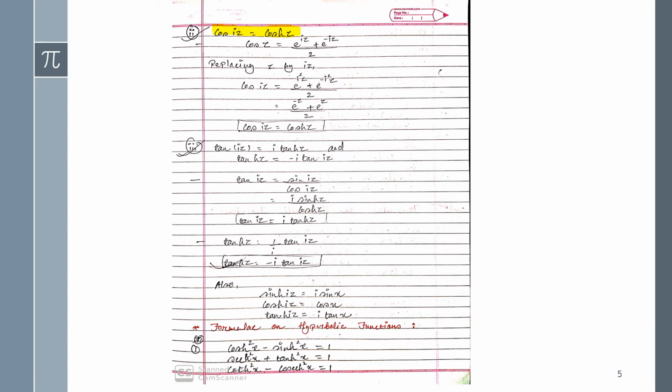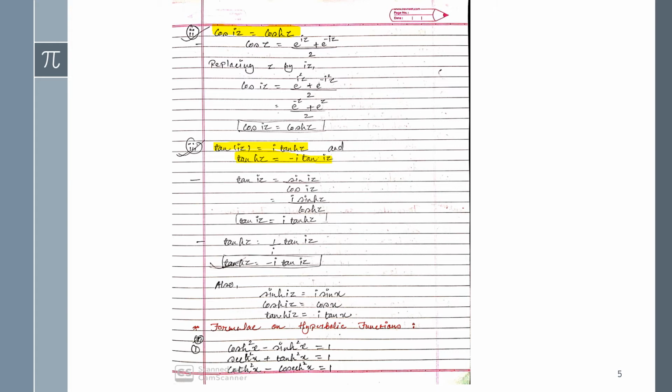Now then tan of iz, the circular function for tan, will be i into tan hz. Again guys important, and the next one is tan hz equals minus i into tan iz. So from circular we will convert into hyperbolic, and by using hyperbolic functions we will convert into the circular function.